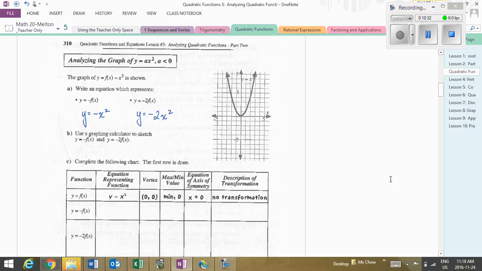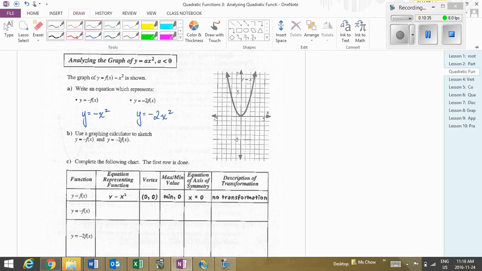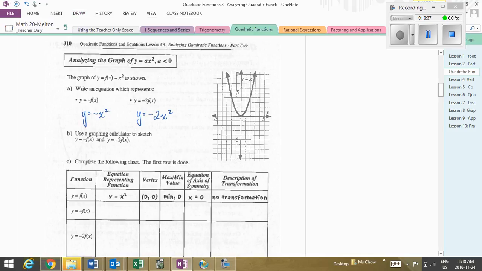So if we were to graph these without going back to the calculator, I know that if I'm just applying a reflection, the vertex is staying in the same spot at the origin. I'm over 1, down 1, over 2, down 4, over 3, down 9. That's 5, there's 9, and then again our y-axis serves as the axis of symmetry, and so we can sketch in that graph very easily.